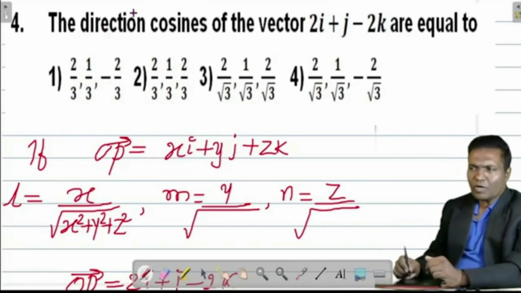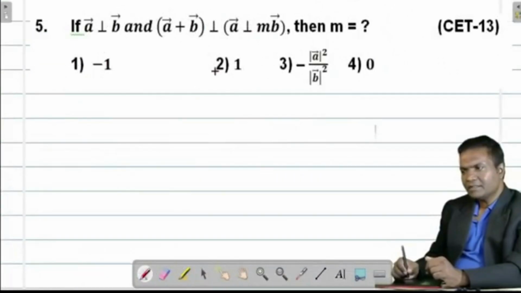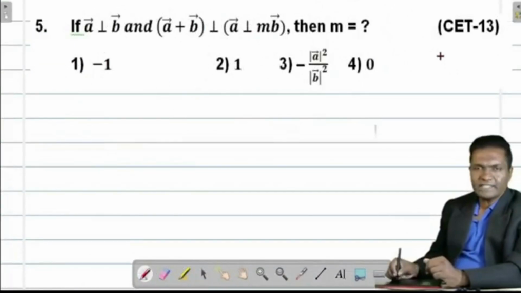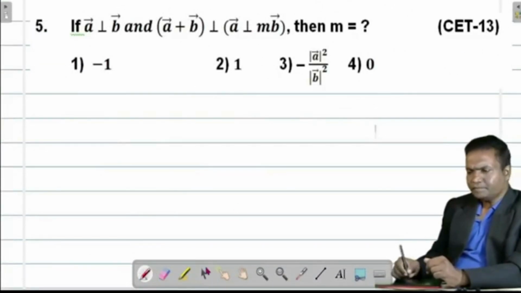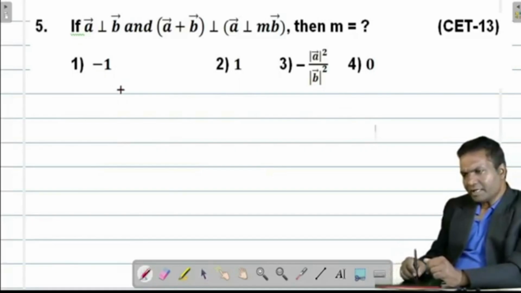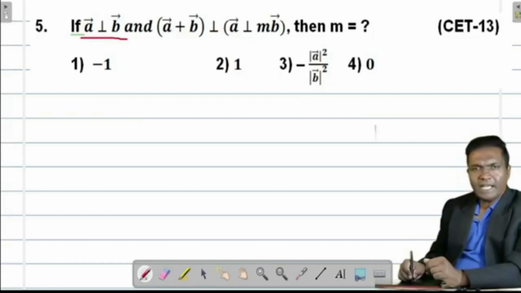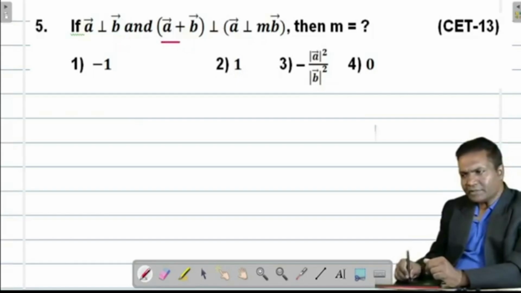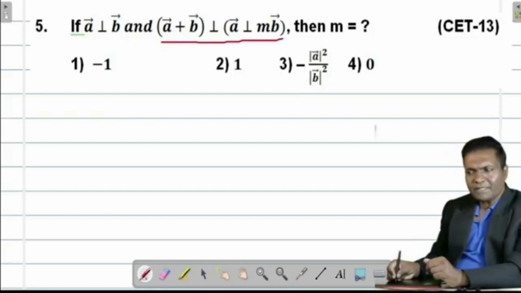So let's move on to the next interesting one, KCET 2013. Look here, you are given vector A and vector B are perpendicular. Also you are given that vector A plus B is perpendicular to vector A plus m into vector B. Then m is how much?